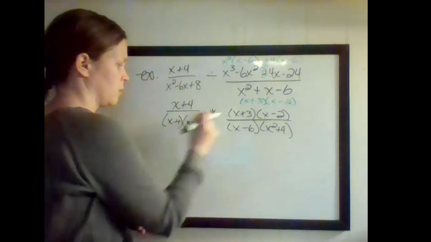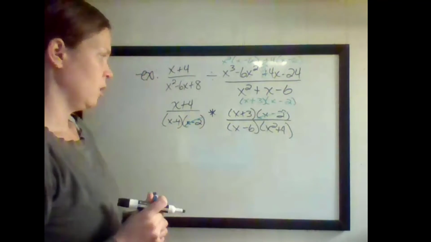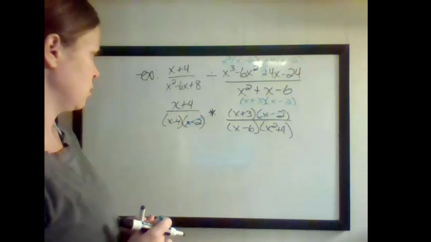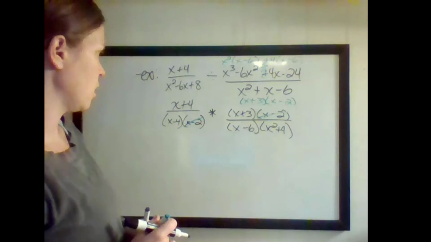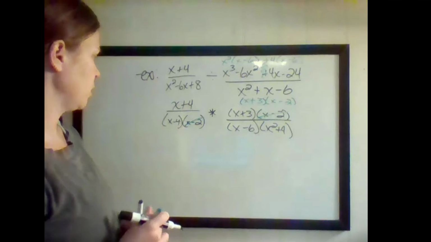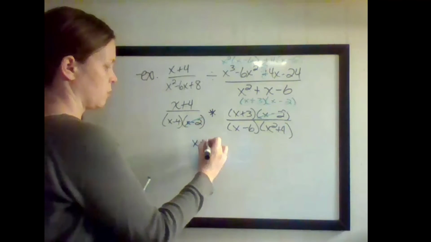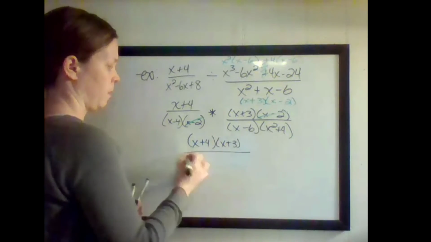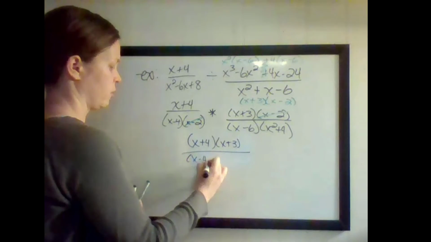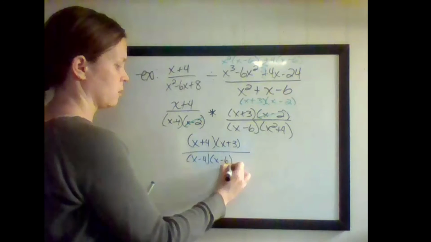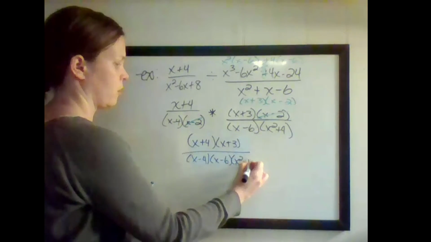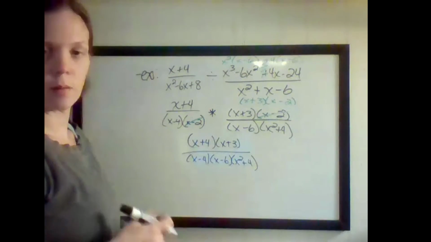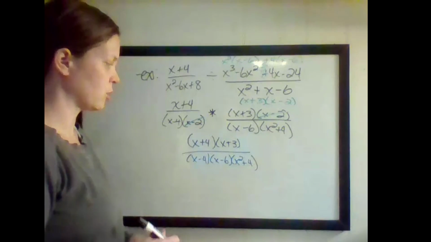I'm going to cancel x minus 2. And then it looks like that might be it. So I'm left with x plus 4 times x plus 3 on top. And then x minus 4, x minus 6, x squared plus 4 on the bottom. Okay, so now it's all combined into one rational expression.